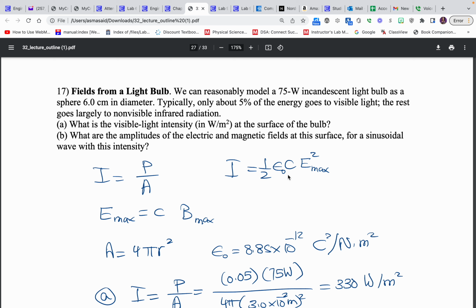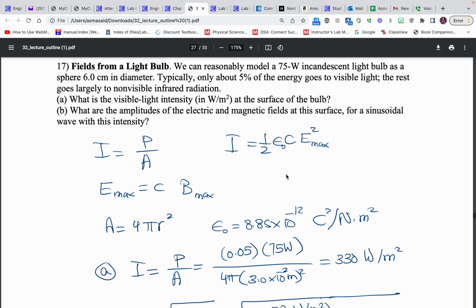Then it's not very efficient, converting a lot of energy to thermal energy. What is the visible light intensity in watts per square meter at the surface of the bulb? What are the amplitudes of the electric and magnetic fields at this surface for a sinusoidal wave with this intensity?